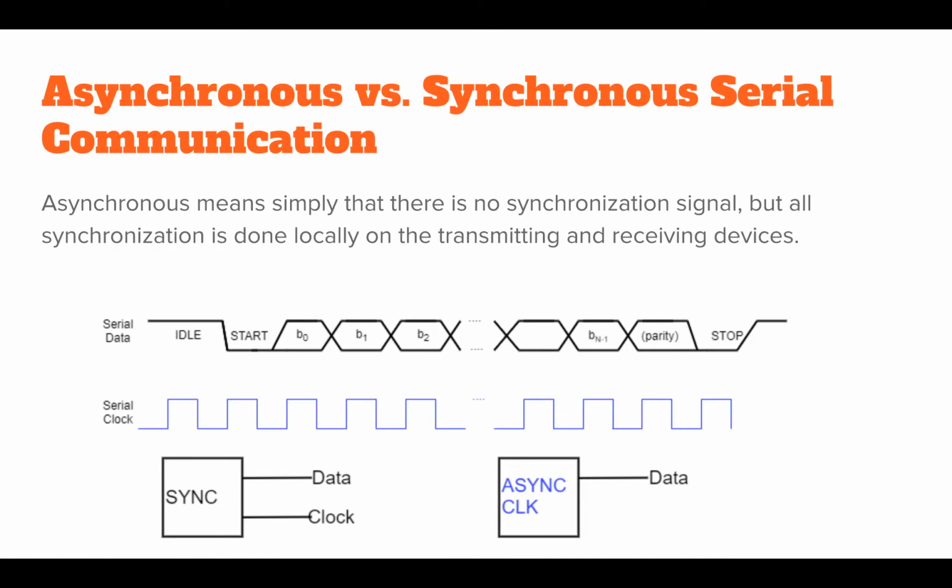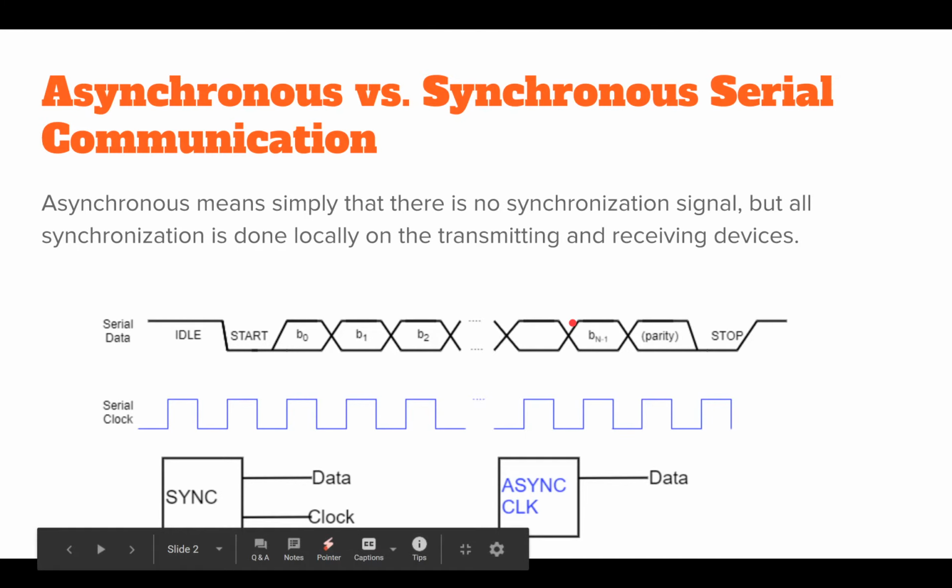So practically we have only the data line, which has some specific speed, which is agreed on both the sending and receiving side, and some protocol which is also known, and then everything is based strictly on local timing, so local synchronization on a device on both ends.